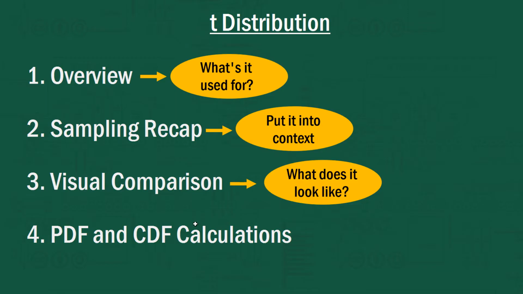So I'll give you a heads up here on how to use Excel formula to run calculations for the t-distribution. And also, of course, how to use tables, the old t-tables, which I'm sure one day are going to be banished to the history books. But still, some universities are using t-tables, so I want to make sure that we know how to use them as well. All right, so let's get down with this overview.